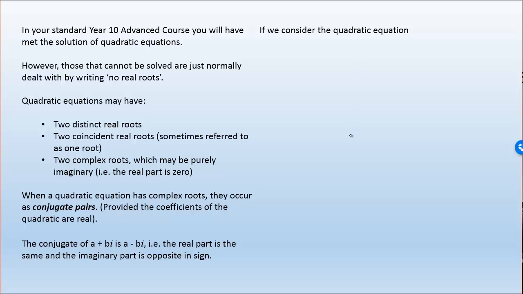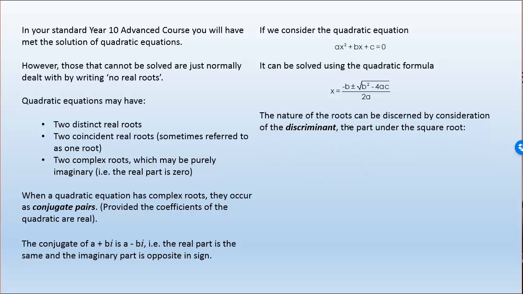If we consider the quadratic equation, ax squared plus bx plus c is 0, and as discussed, we would have a, b and c as real constants. It can be solved using the quadratic formula. x is negative b plus or minus the square root of b squared minus 4ac all over 2a.